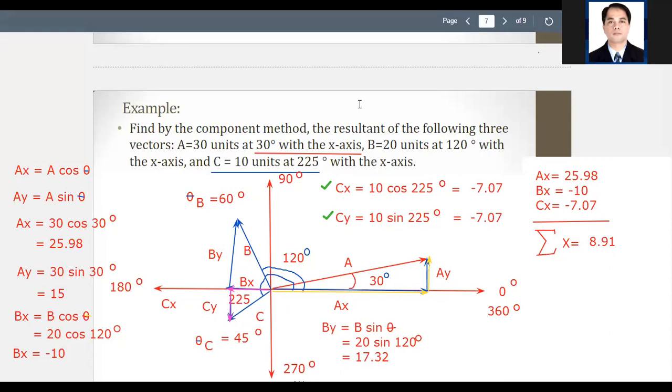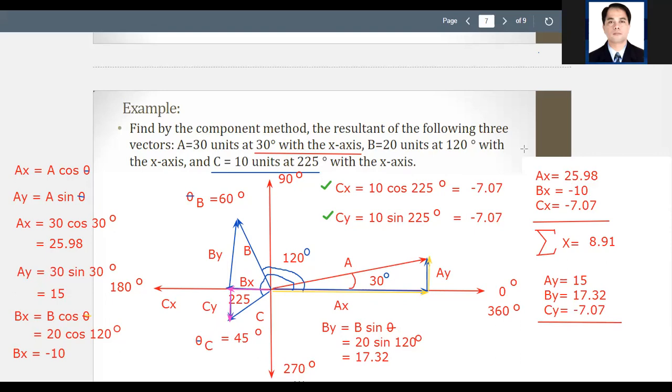Now we will do the same for y. We will combine together all A sub Y, B sub Y, and C sub Y values. Our A sub Y value is 15. Our B sub Y value is negative, oh no, sorry, it's positive 17.32. And our C sub Y value is negative 7.07 also. And then again, this is the one that we are going to add together.